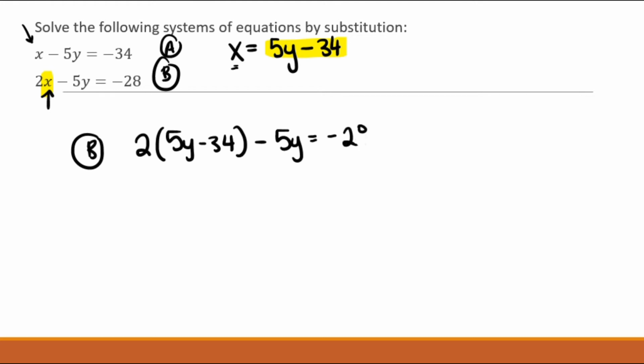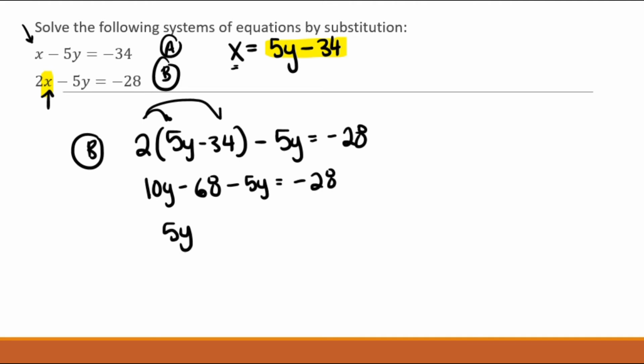And here on in, it's just algebra. We're going to distribute: 10y minus 68 minus 5y equals -28. 5y, and I'm going to send the 68 over to the other side where it'll be positive, equals -28 plus 68, which is 40, and y equals 8. All right, I found a value for y.